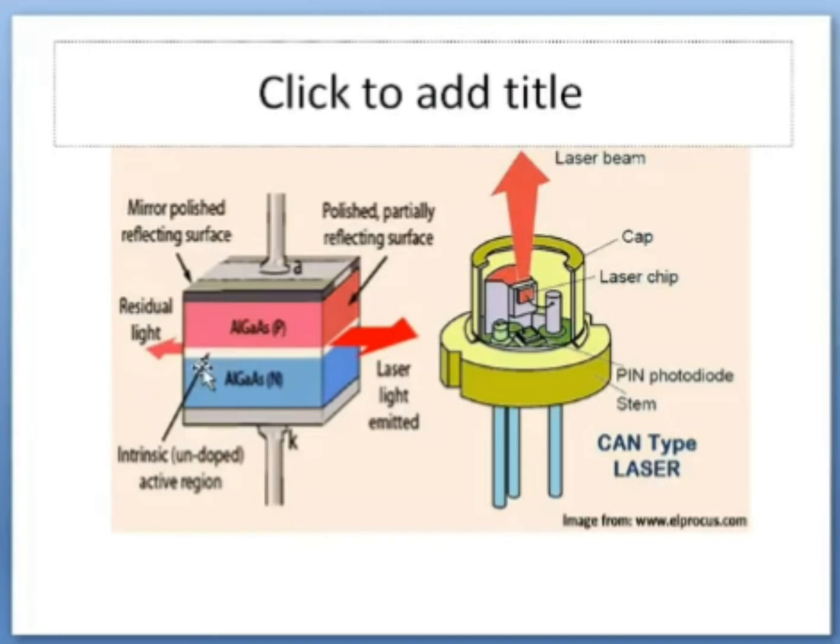That released light reflects to that side and this side, between the P and N junction layers, and then comes out through the other end. You can see the red arrow here. In this diagram it is mentioned as mirror polished reflecting surface. The leads are extended out, which will be taken as anode and cathode.